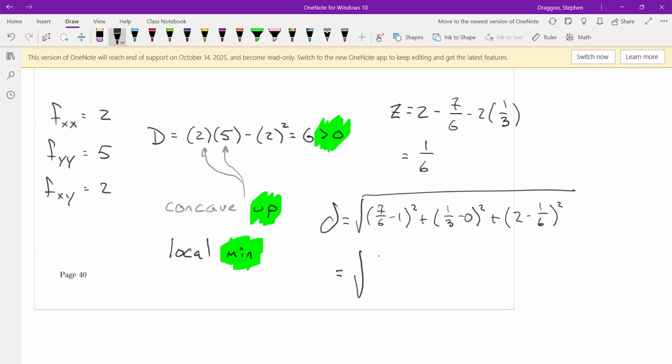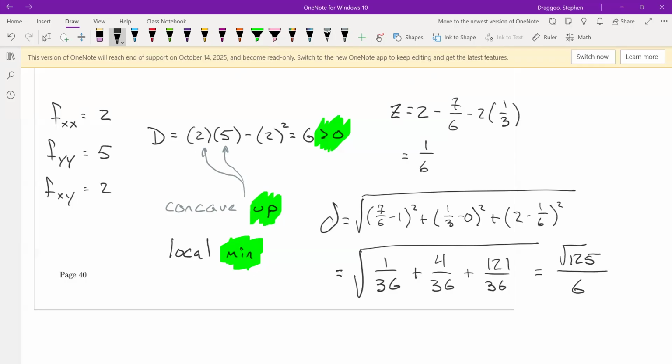Let's see. This will be 1 over 36 plus 1 over 9, which is 4 over 36, plus 11 over 36. Is that 121 over 36? Or square root 125 over 6. Square root of 125 is 5 root 5 over 6.